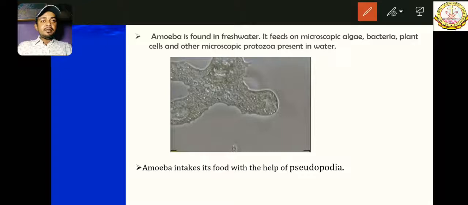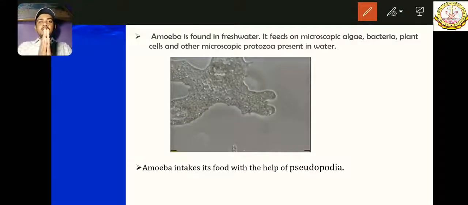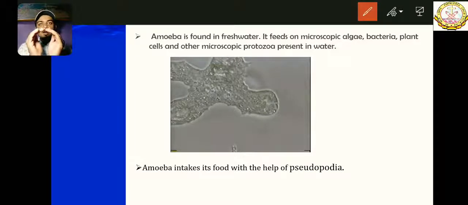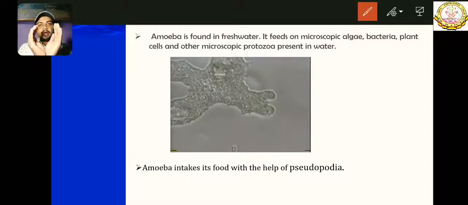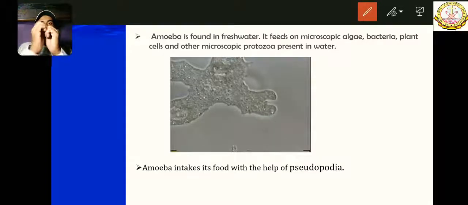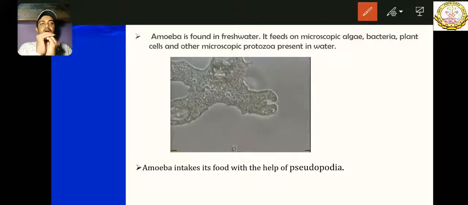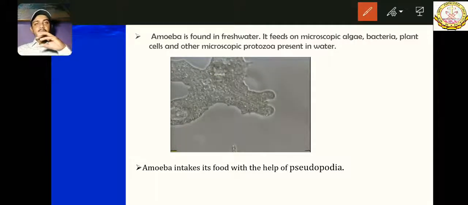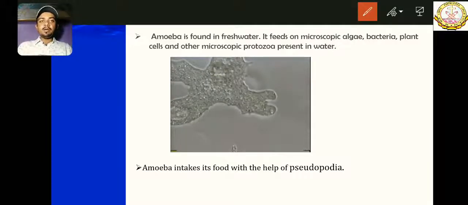It will go there, detect that yes, this is food we want to intake, and it will divide its pseudopodia in two directions, cover it, and then make a food vacuole and proceed, and that food vacuole will be carried along with the cell for digestion. So this is how it works.